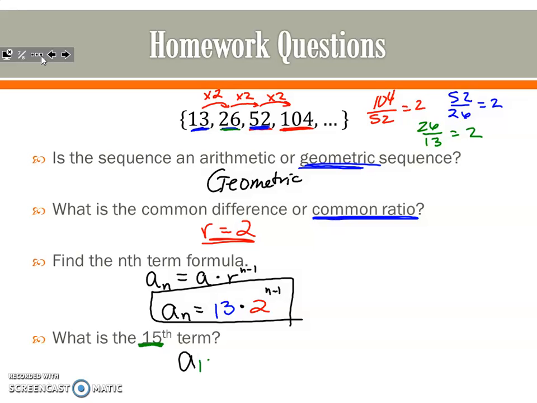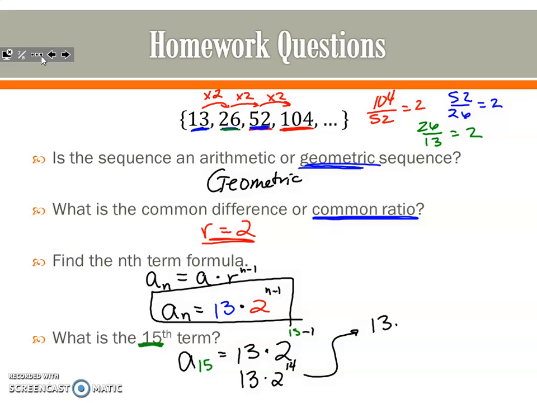a sub 15 equals 13 times 2 to the 15 minus 1. So that's going to be 13 times 2 to the 14th power. Remember, we have to do the exponent before we can multiply. So I'm going to do 2 to the 14th power, which gives me a big number.